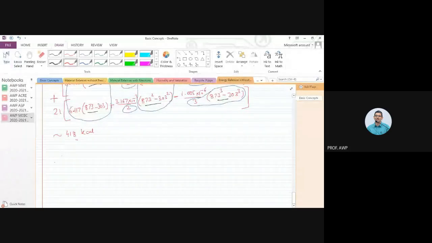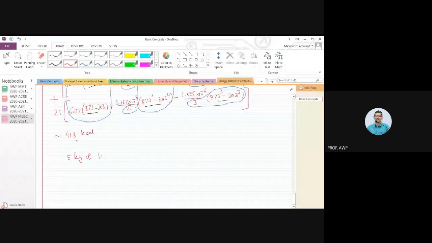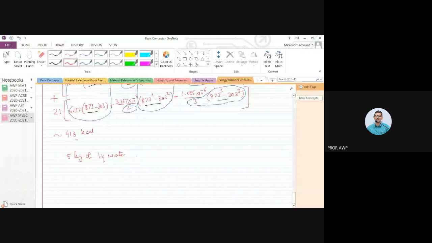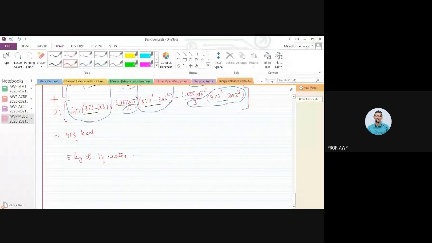So suppose, next problem. Imagine that we have, let's say, 5 kgs of water in the liquid state, and we want to heat up this water.